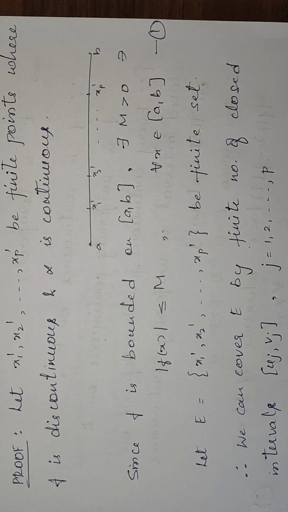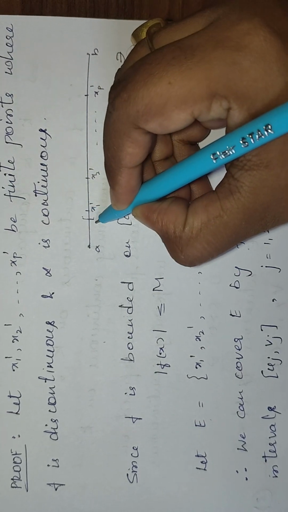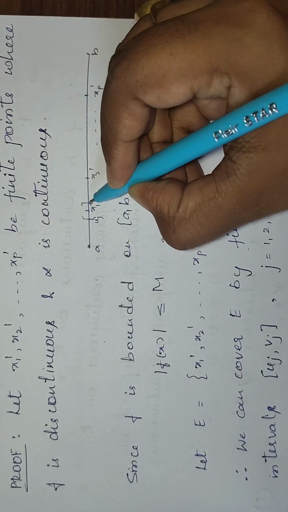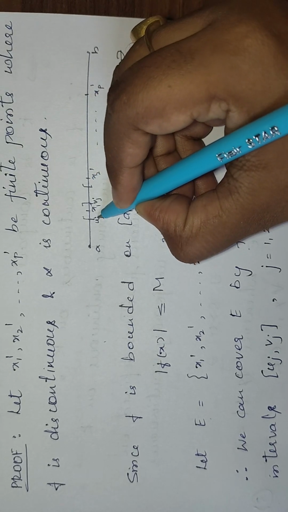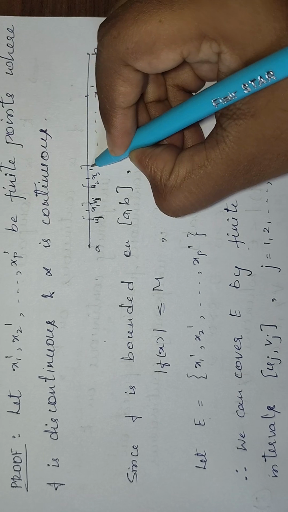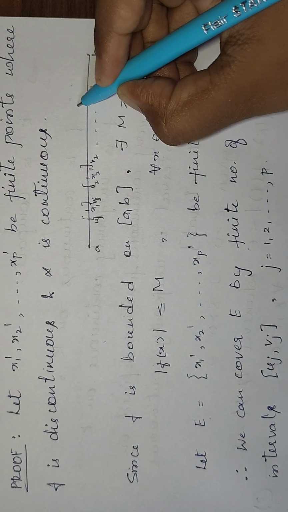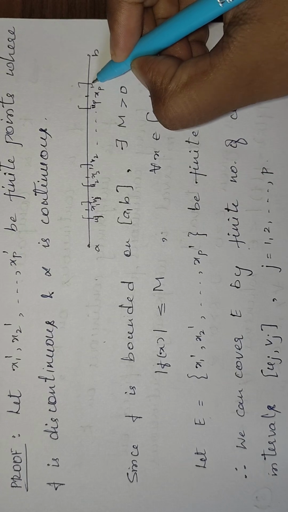Here I will show you how your uj, vj will be. This is uj, this is vj. Like this is u1, this is v1, and this is u2, this is v2, this is up, and this is vp.